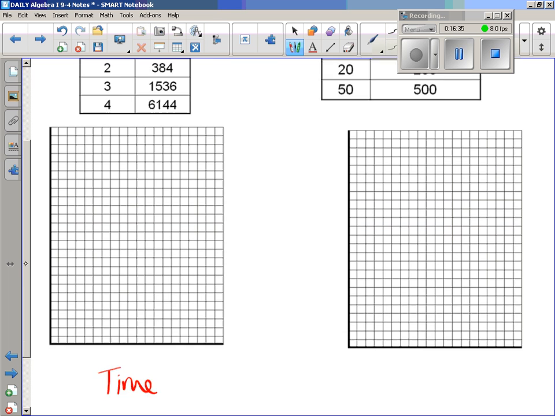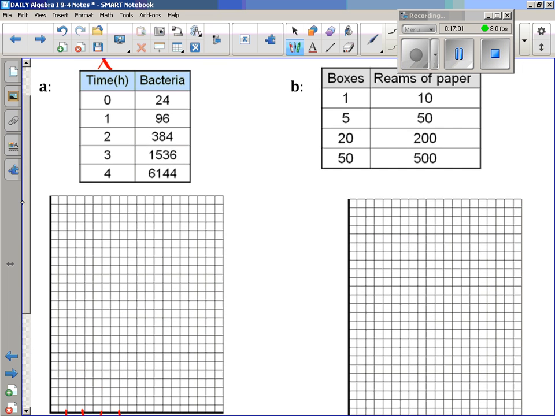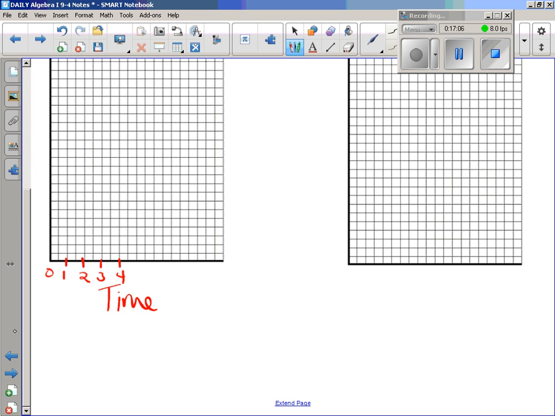So I could use every little box as one, but that's going to make my graph really squished together. So what I'm going to do is skip every other box, and so each one is worth 4. Now I could have skipped more if I wanted. And this time unit says H, so I assume that means hours.